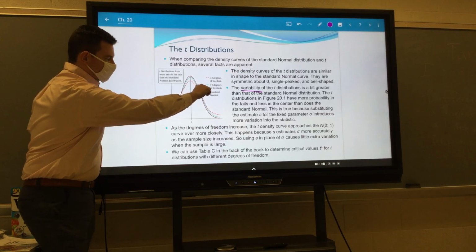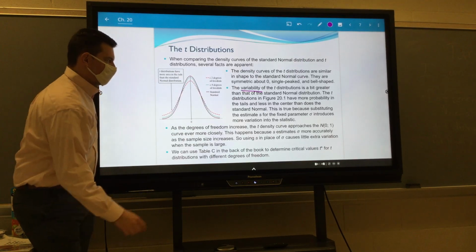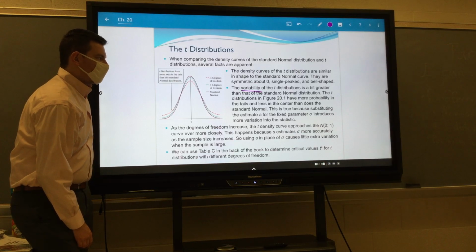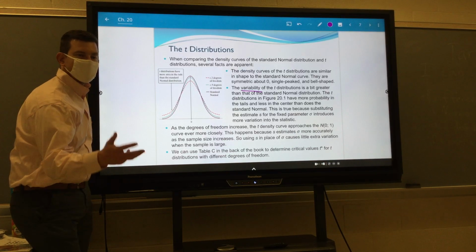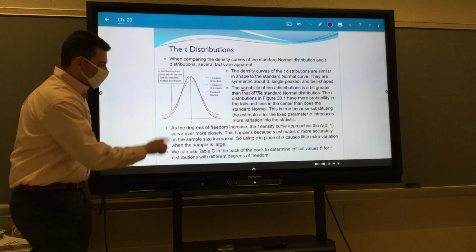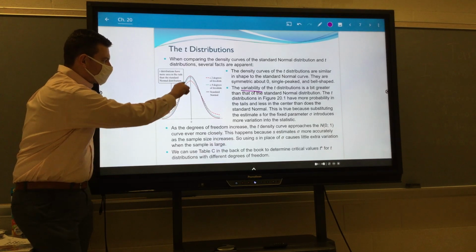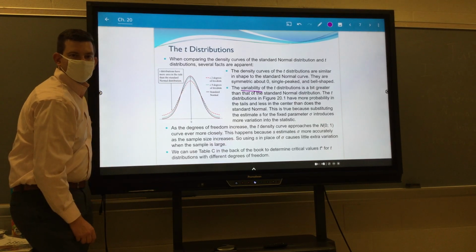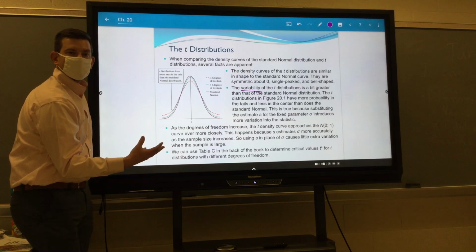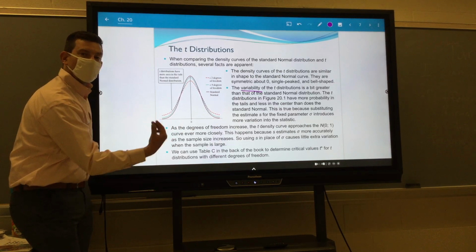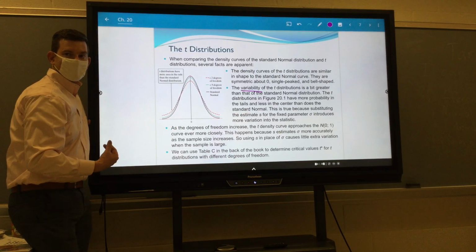This other one, this bluish-green curve, is a t-distribution with 9 degrees of freedom, so a sample size of 10. You can see that it gets closer to the normal distribution. The bigger the sample size, the better, and the more normal it becomes.